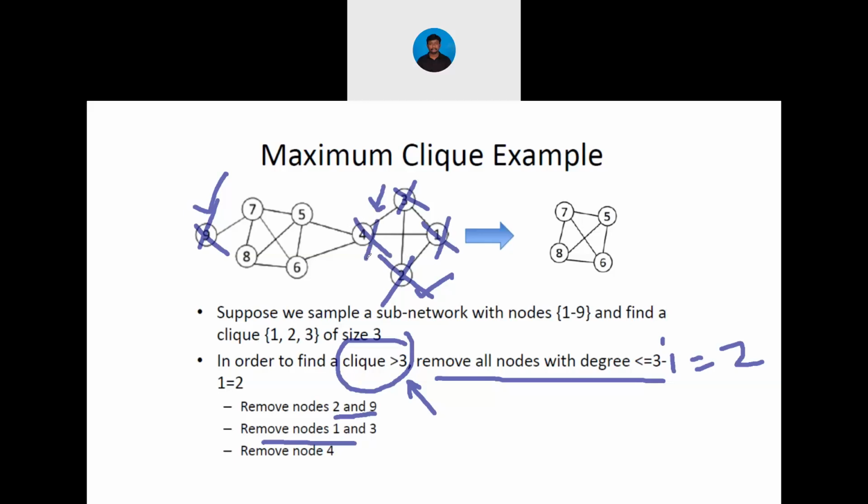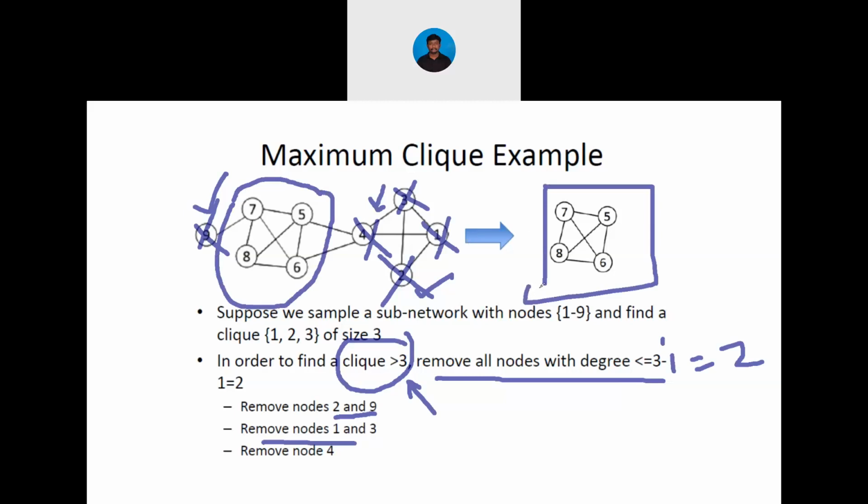It also has degree less than or equal to 3 minus 1. After removing all other nodes with degree less than or equal to 3 minus 1, I'm going to find the maximum clique here. So this is the maximum clique subgraph I'm finding from the original graph, right?